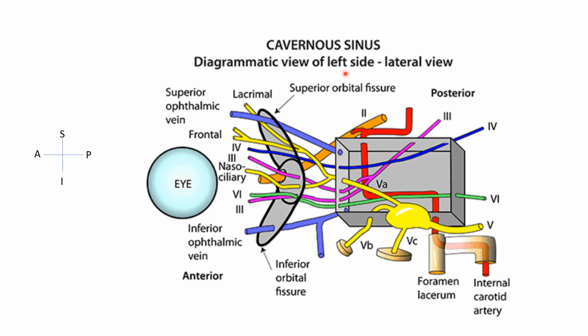First I will orient you with this picture. This is a left side lateral view. So the cavernous sinus is of the left side and we are seeing it from the lateral aspect. This part is posterior, this is anterior, this is superior, this is inferior. The internal carotid artery here is entering from the carotid canal like this.